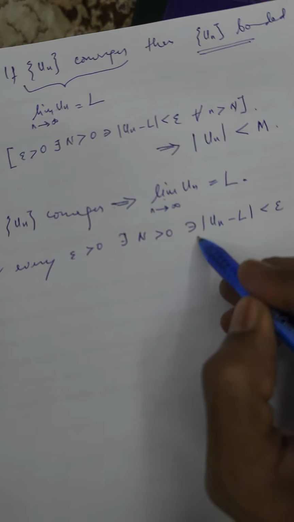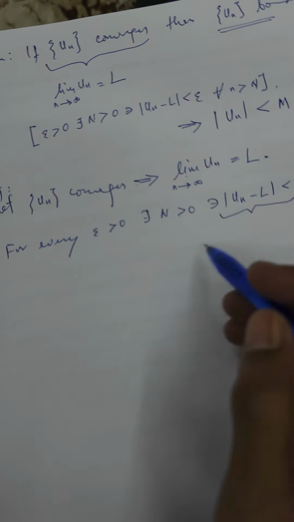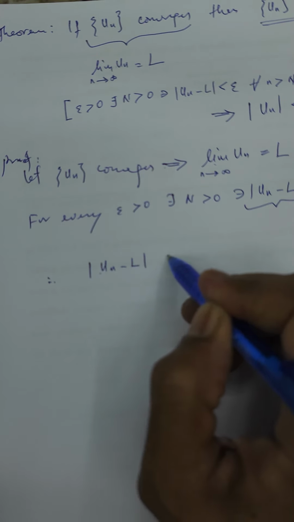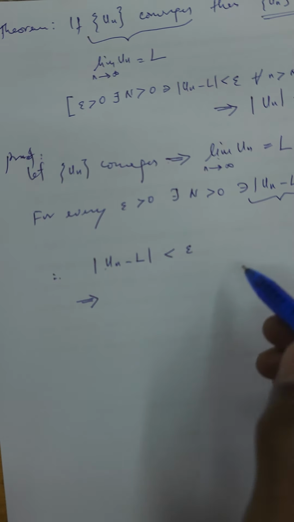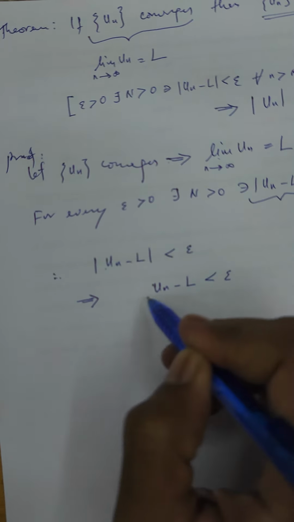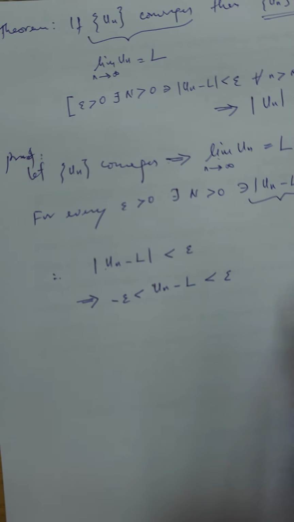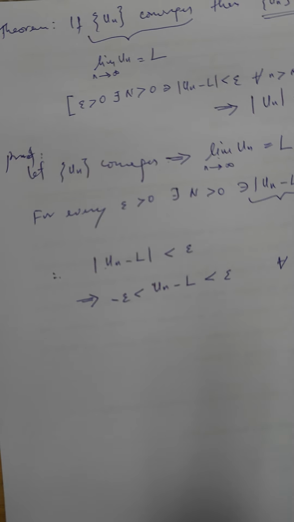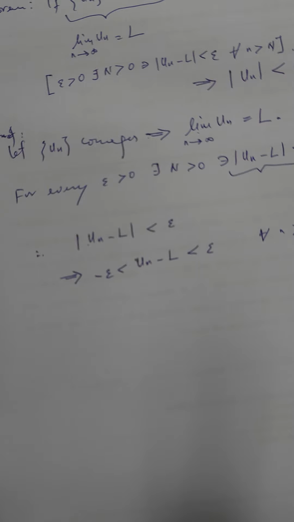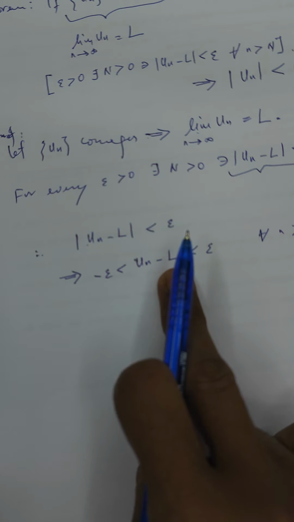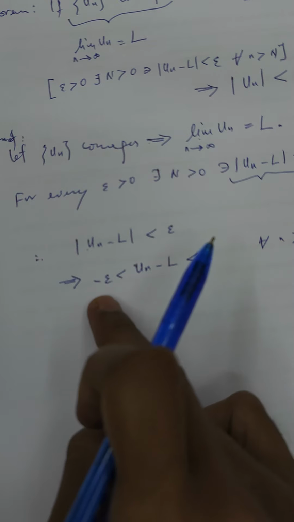Okay, from that part here, I rewrite those things. Therefore, we have |un minus L| less than epsilon. So we have from there that un minus L is less than epsilon and greater than minus epsilon, because we open up the absolute value symbol, for all n greater than N. And from here, you can move L to the right of the inequality as well as to the left.